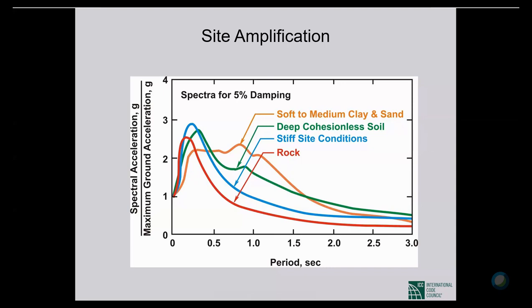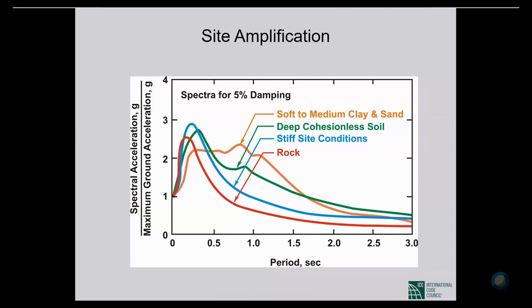On the y-axis is the spectral acceleration divided by the maximum ground acceleration. Maximum ground acceleration, everybody understands. Spectral acceleration is the maximum acceleration response of whatever structure you are looking at. Maximum is the important thing.